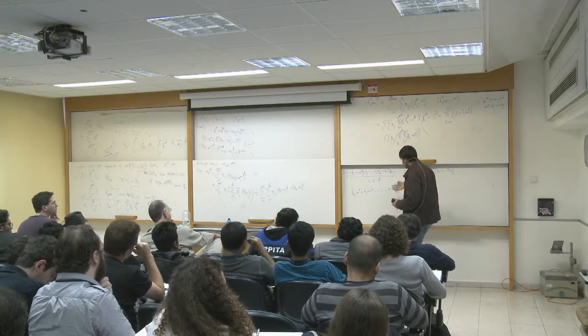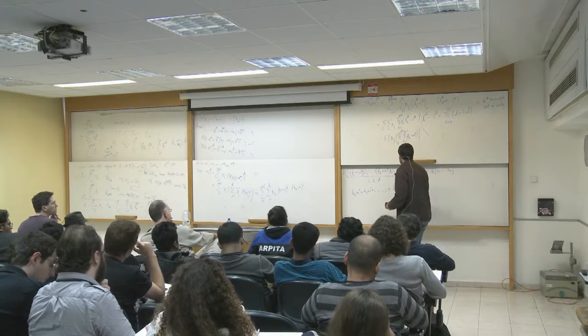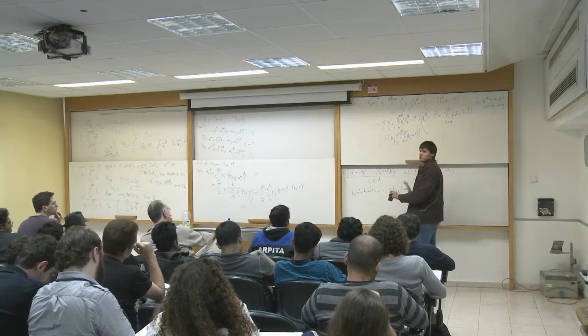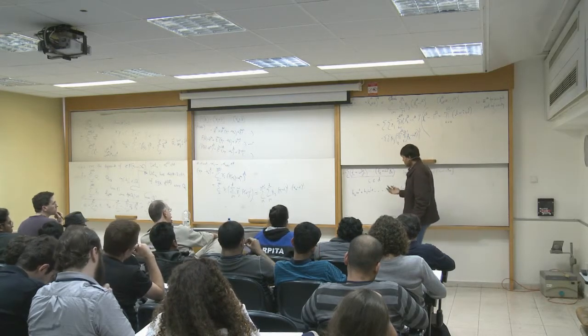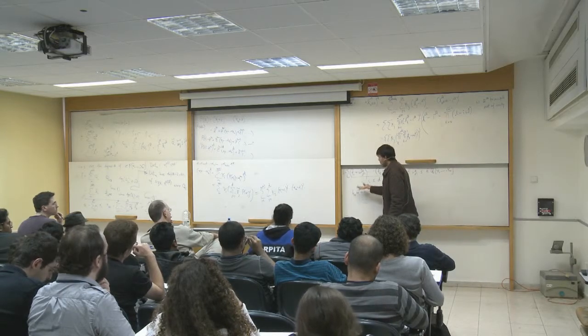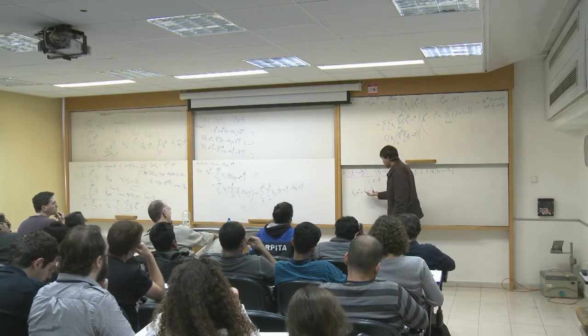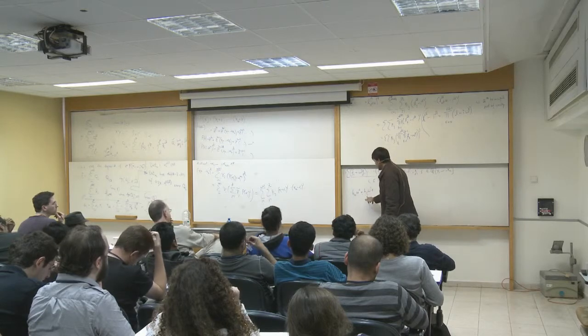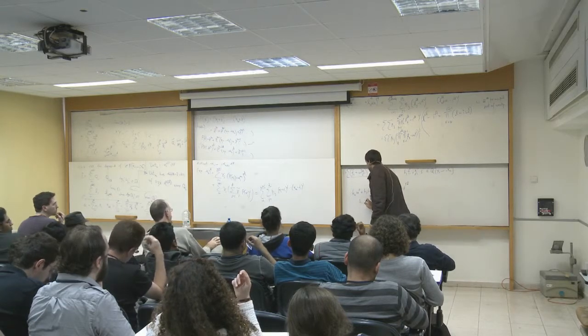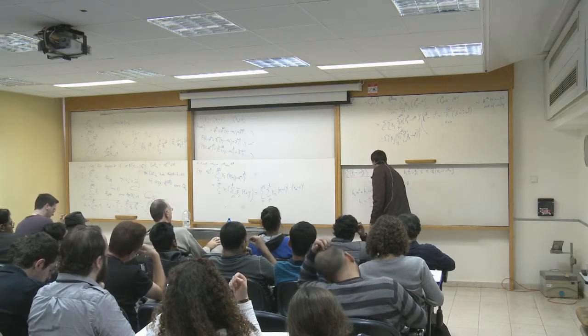So the total degree will be at most kd, times omega to the kd. This is certainly something you can do. Now we will use interpolation, and by interpolation we know that each hi is just some linear combination.